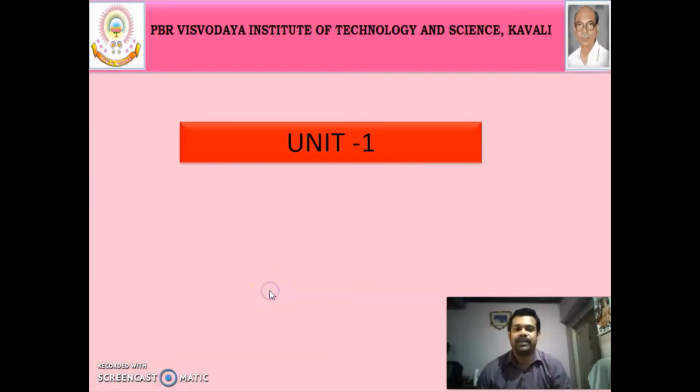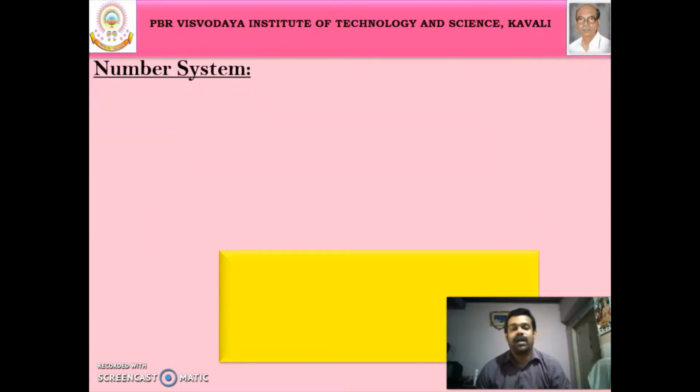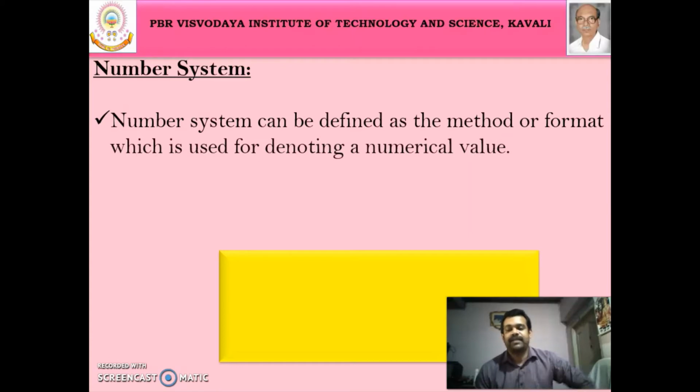Now we are going to see the first unit. And the first topic of our first unit is number system and codes. Now, what is a number system? Number system can be defined as the method or format which is used for denoting a numerical value.